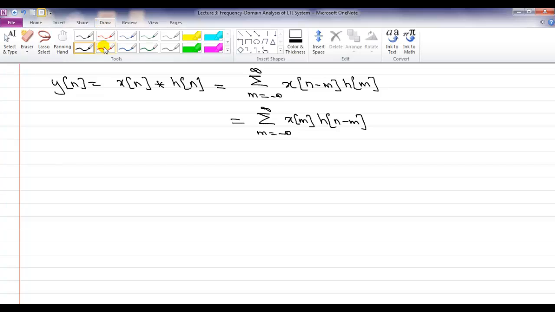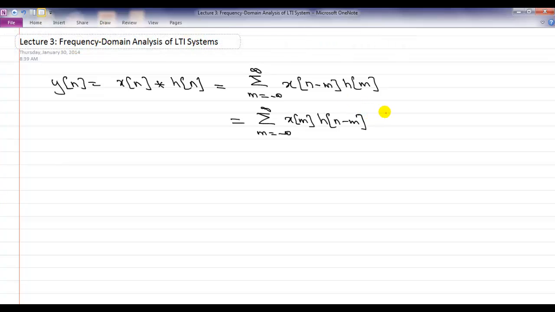And the principle of flip and slide still applies. You can think of it as the flip and slide rule, where you fix one function, x of m or x of n, it doesn't matter what I use for the variable.